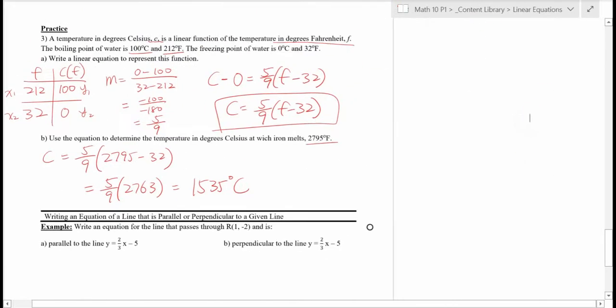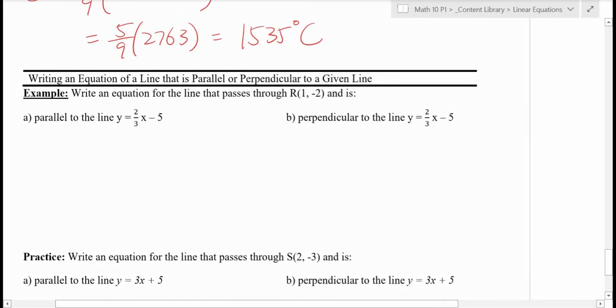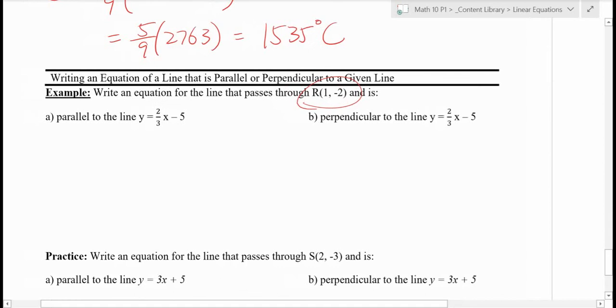Okay, we have a last example here and a couple of practice questions for you to do. It says write an equation for the line that passes through the point 1, negative 2, and is parallel to the line y equals 2/3 x minus 5. Well, if it's parallel to this, that means the slope should be the same. And we know that it goes through the point 1, comma, negative 2.